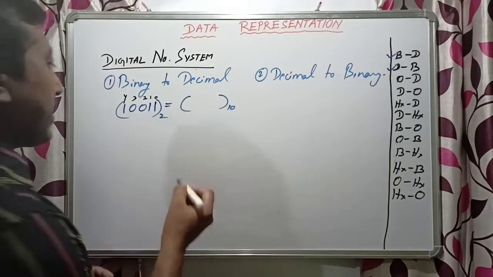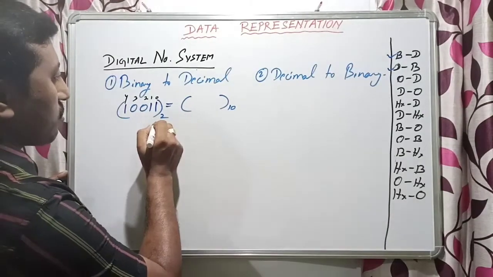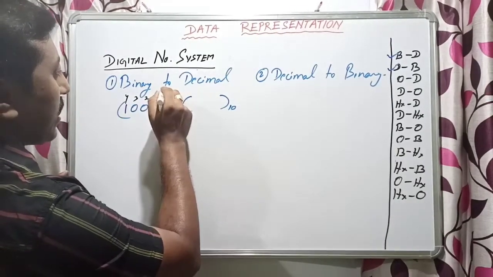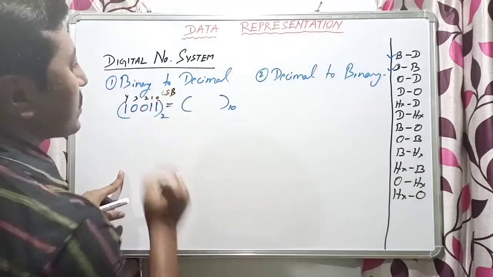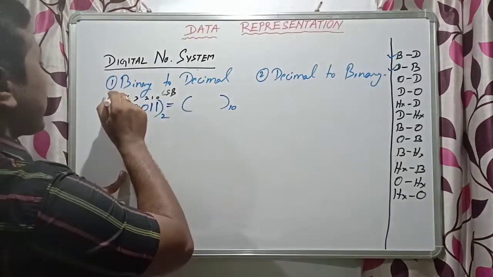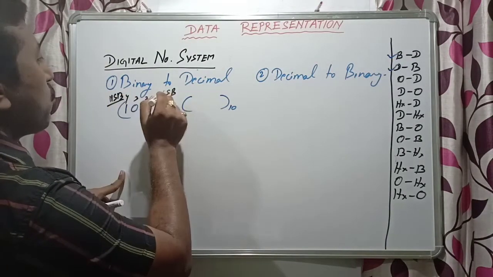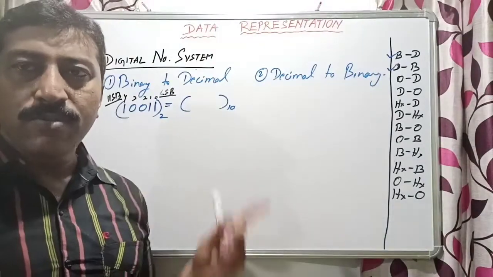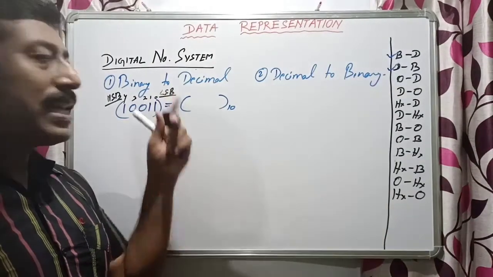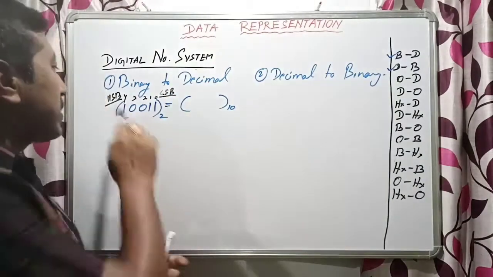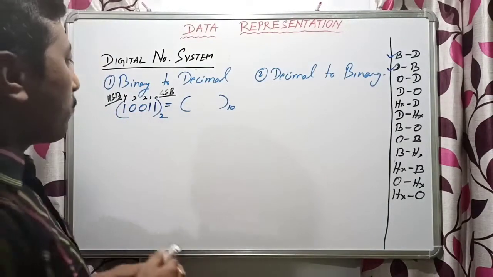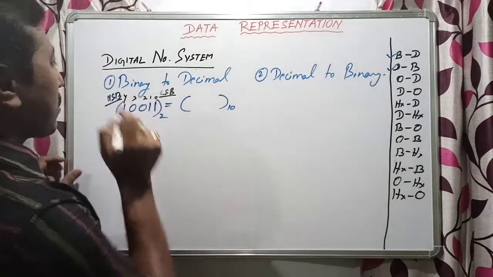This one can be taken as the least significant bit, LSB, and this one we can take as the most significant bit, MSB. So we'll start from 0 here and convert accordingly.